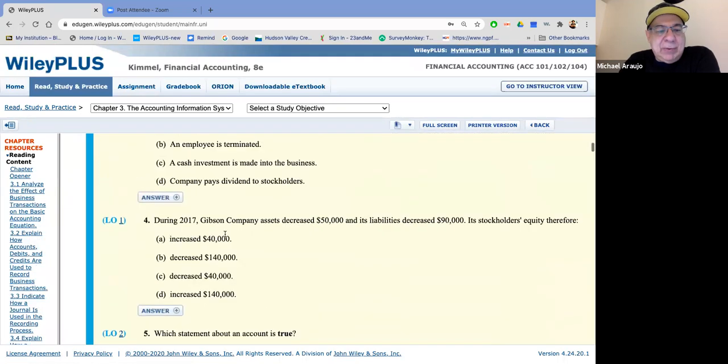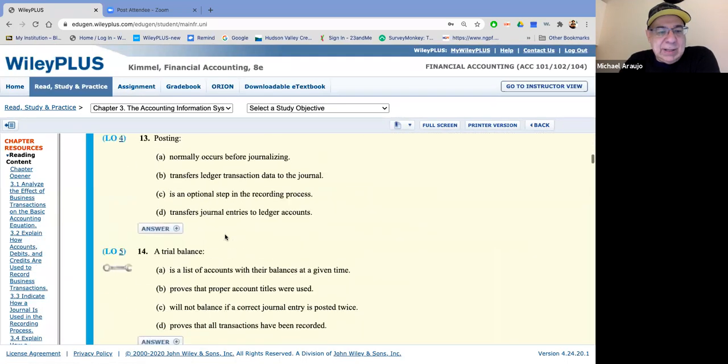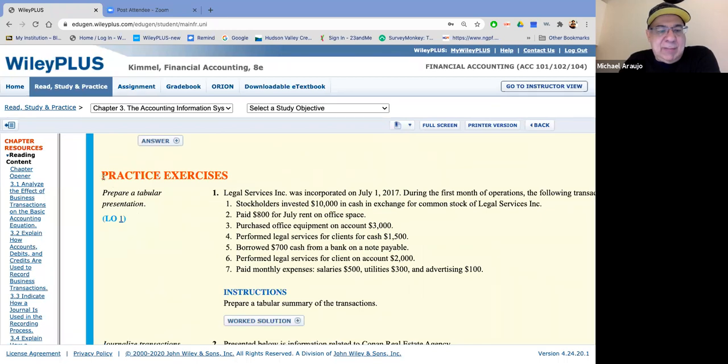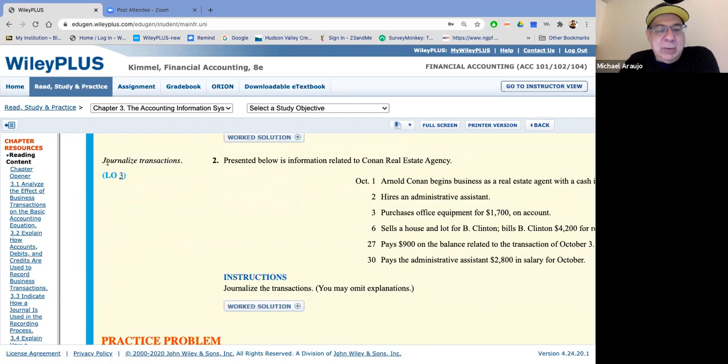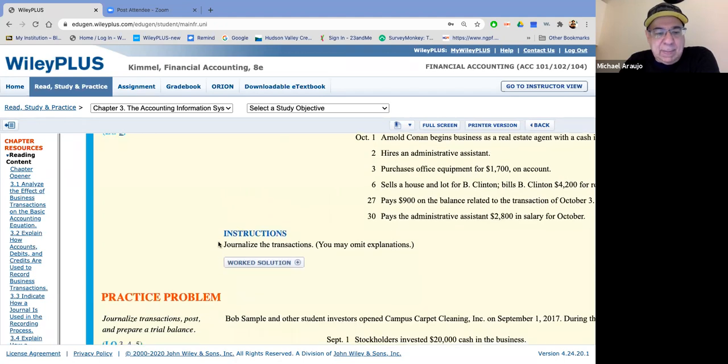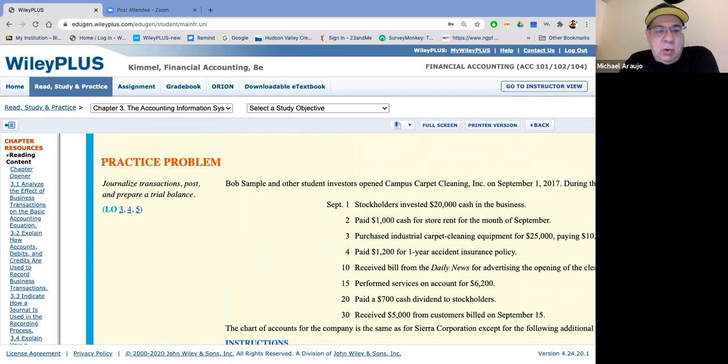And what I like about this, I'm going to just scroll down a little bit. They have practice exercises for you with solutions provided. I would do the second one here because it actually is a journal. But the whole chapter is also done in the practice problem here.